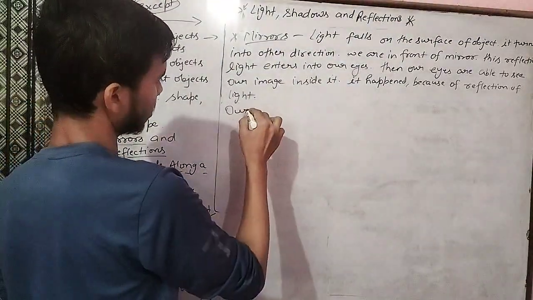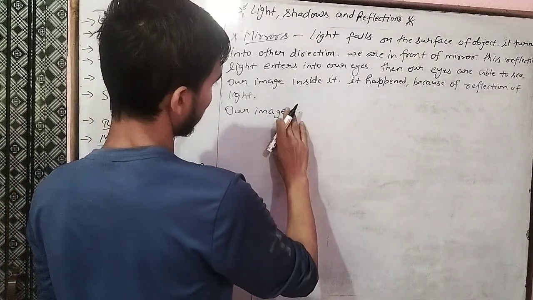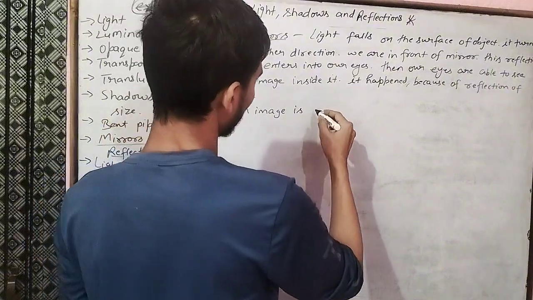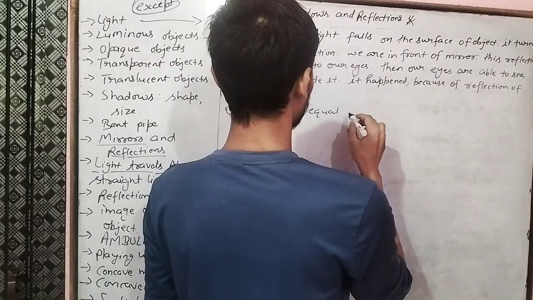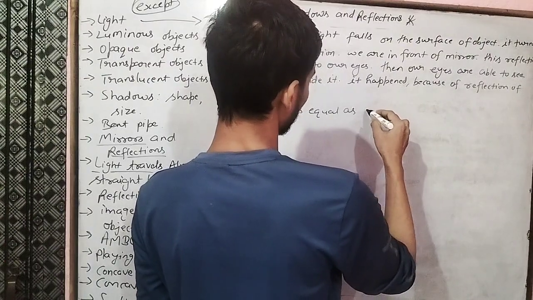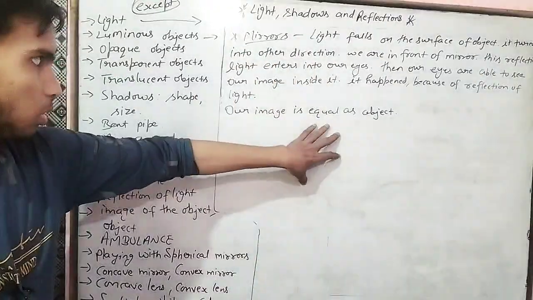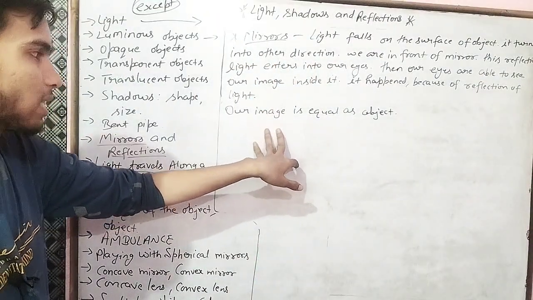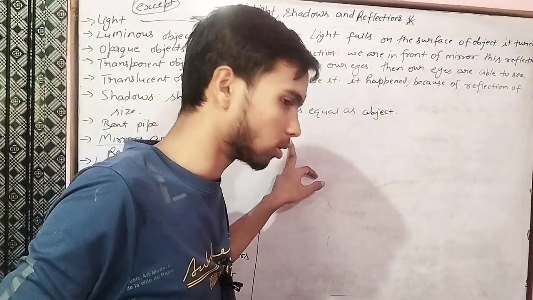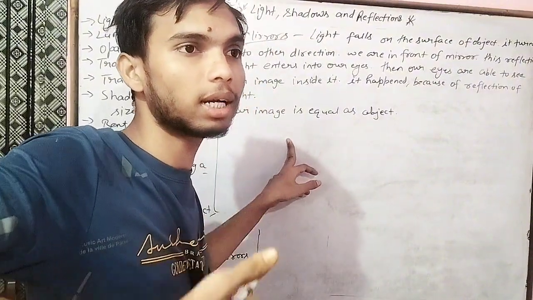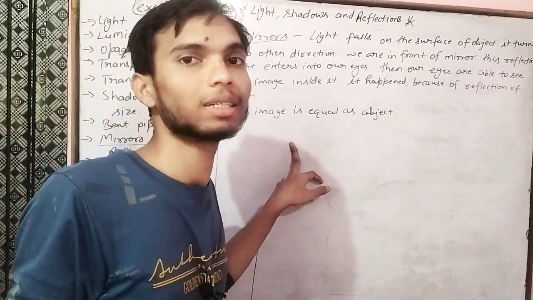Our image is equal to the object. When we say image, we are describing the image that is inside the mirror.